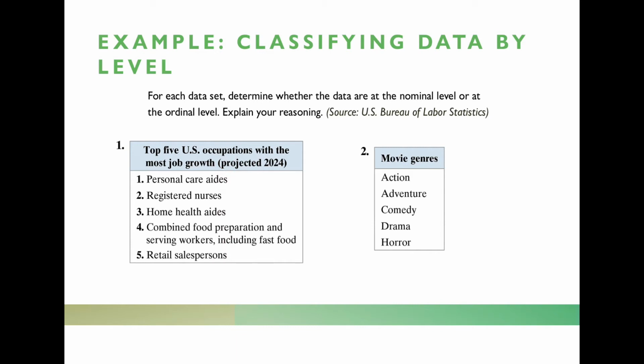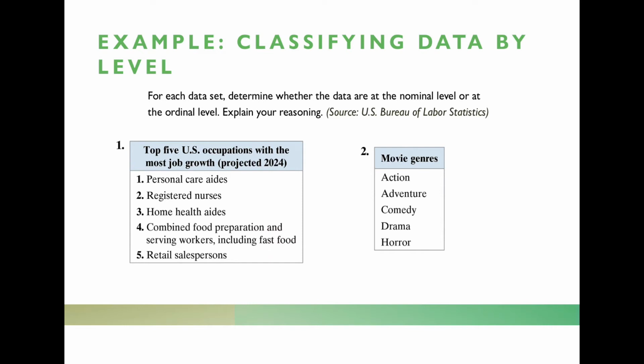These are different categories of jobs, but they've been rated according to which ones have the most job growth projected for 2024. So this would be ordinal. We have definitely qualitative, categorical data, but there's an order, a ranking to those.